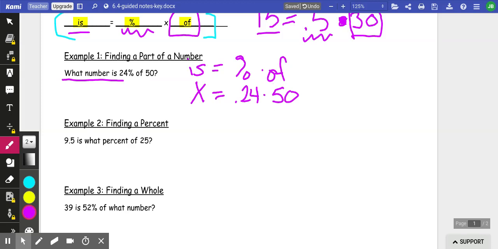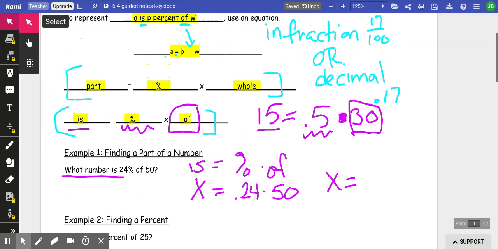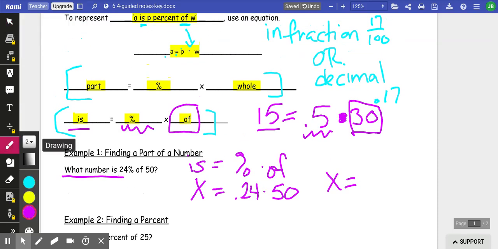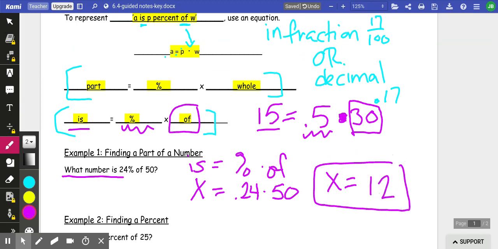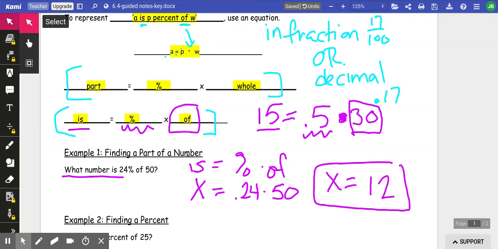You can type that into your calculator and you're going to get your X value, or your A if you used our letters from up here. So A equals 12. So 12 is 24% of the number 50.